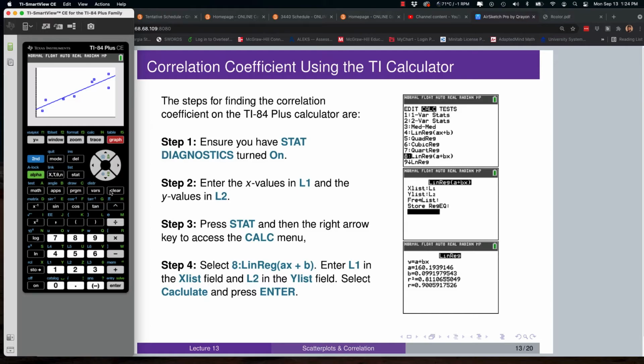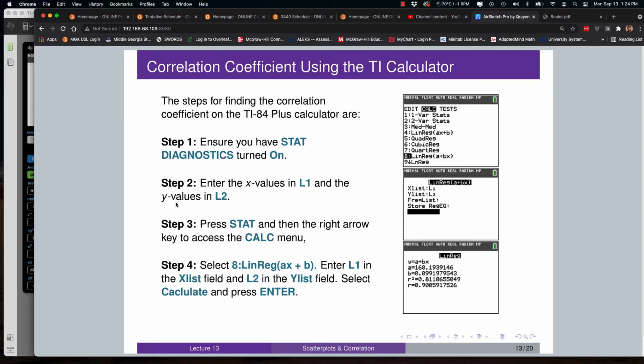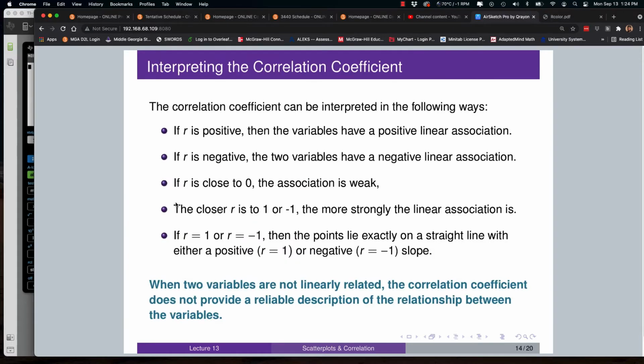While technically a QQ plot does look a lot like one of these, it's not exactly the same thing. They're similar in some ways and very differently used. All right, so that's how you can get the correlation coefficient on your calculator.